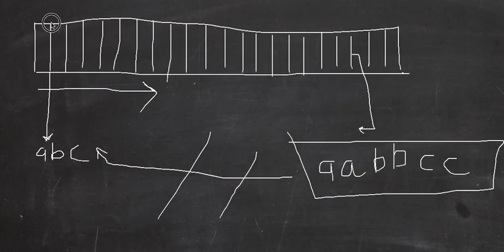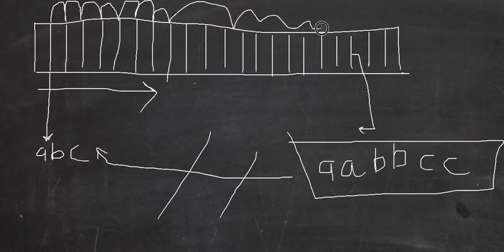We move to the next string and compare this, given that none of these strings are the one we're looking for. So we keep moving until we reach the point where our strings match. The most important thing here is, let's say we had n equals 60 elements.